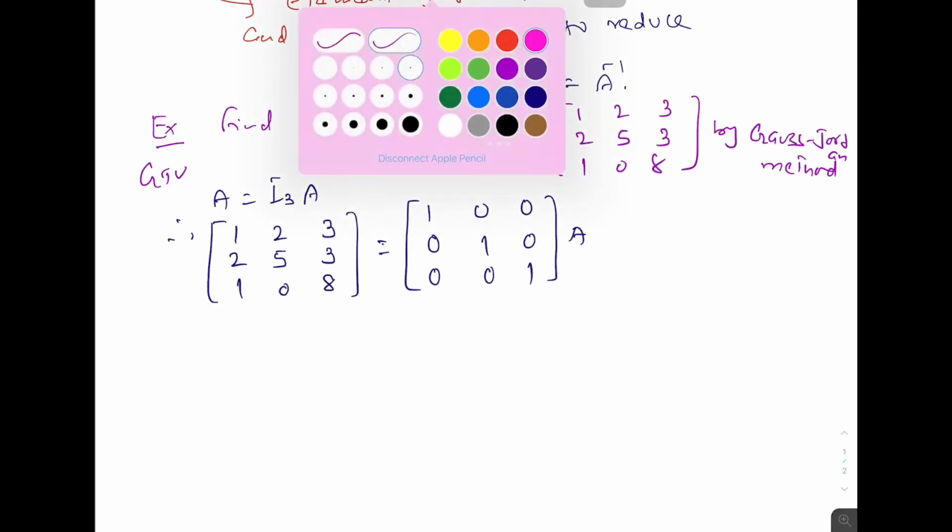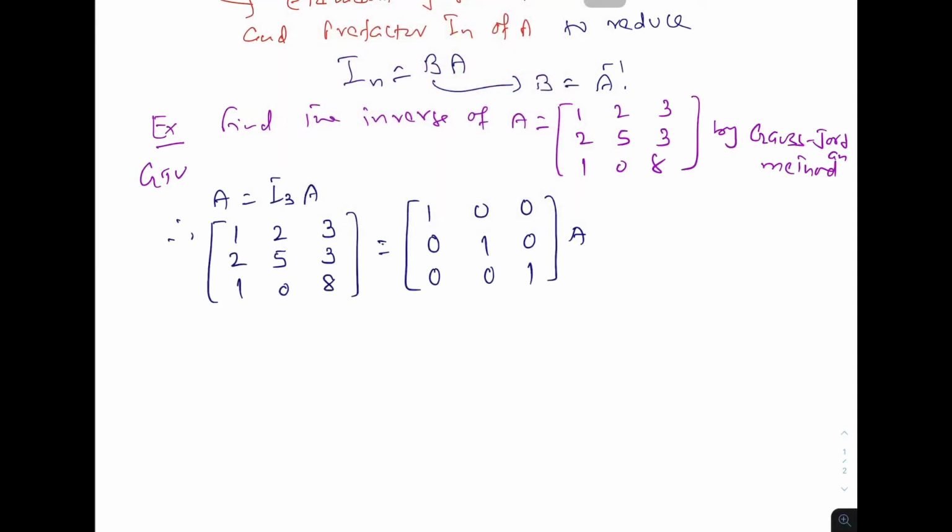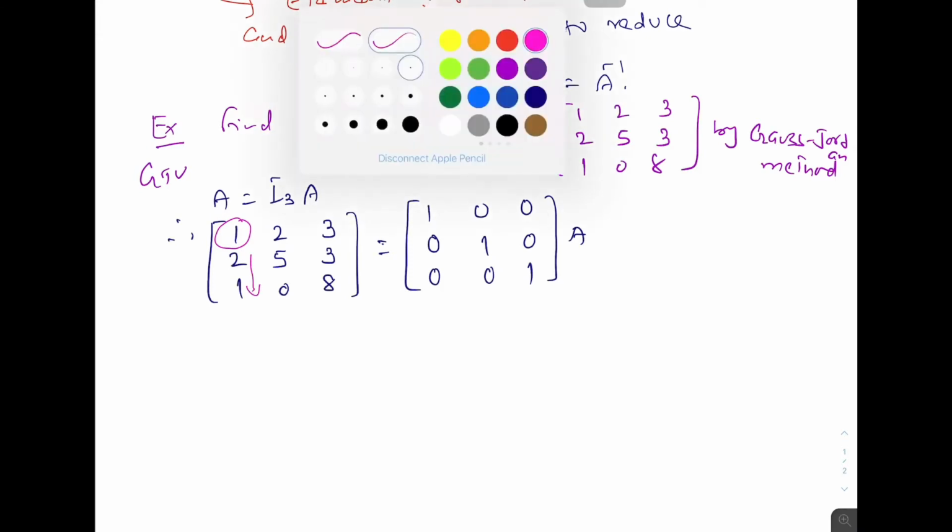So here we need to convert into identity matrix, so we need to convert into reduced row echelon form. So here we are having 1, make the entry below it to be 0.